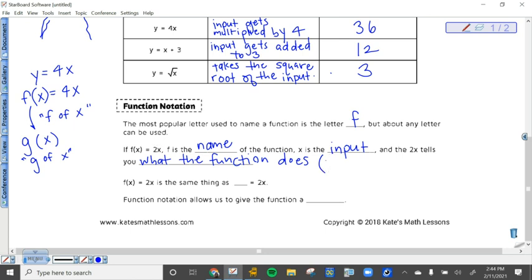Yeah, multiplied by what? Yeah, by 2. It multiplies. So again, f of x equals 2x is the same thing as y equals 2x. Same thing. Function notation, writing it like this, just allows us to give the function a name.